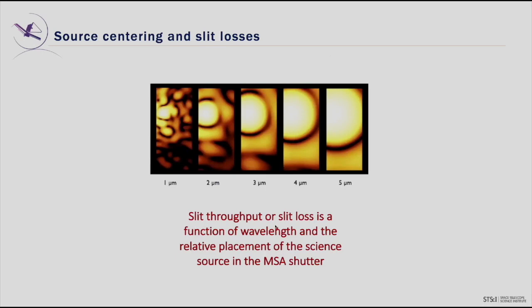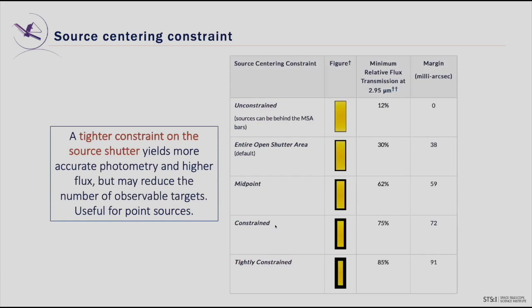So the margin, the source centering constraint margin that we're talking about in the planner, allows you to select sources that are more and more tightly constrained to be closer to the center as you go down this table. Also, we've shown the minimum relative flux transmission at roughly 3 microns, just to give you a comparison in physical units of what the effects are on the slit throughput at that wavelength.